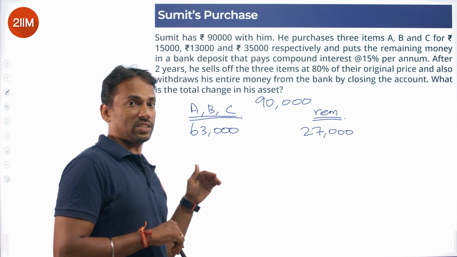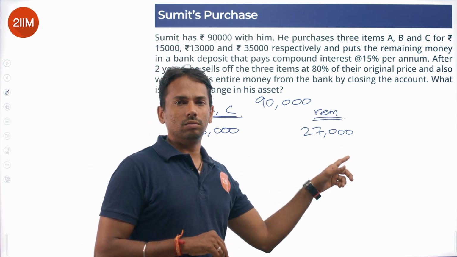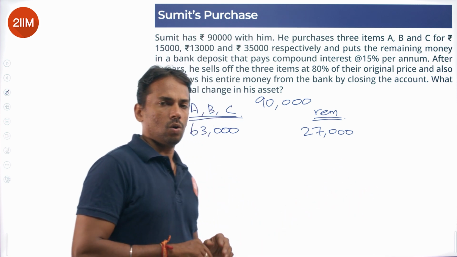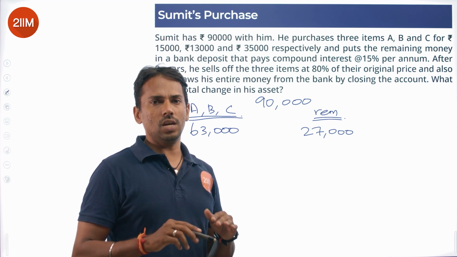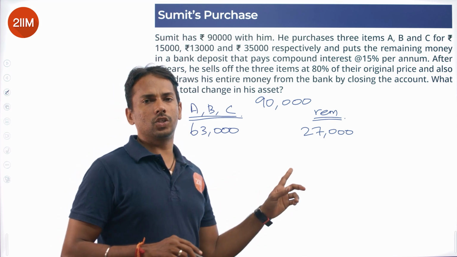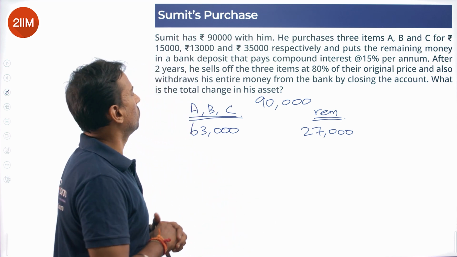That means he is going to face a loss here. And in 2 years, the deposit is going to grow, so he will be getting some gain here. But overall gain or loss, we have to see how much it is out of his 90,000. What percentage change happened? That's going to be the question.